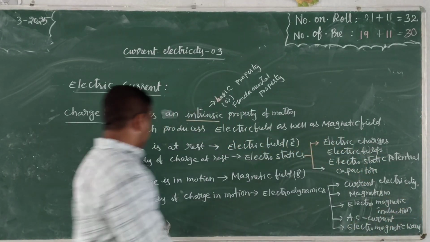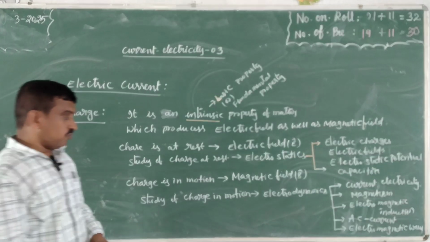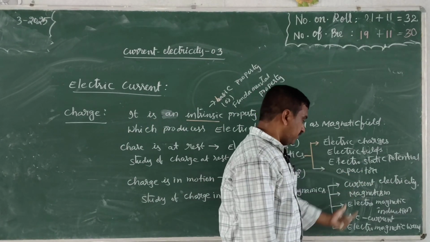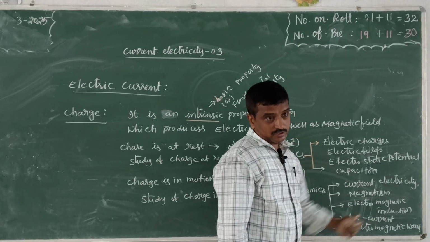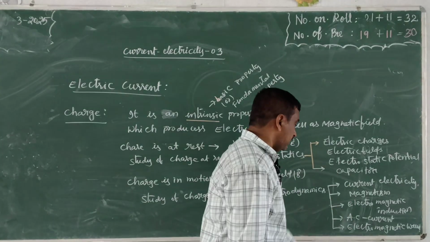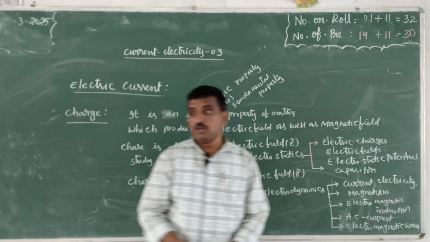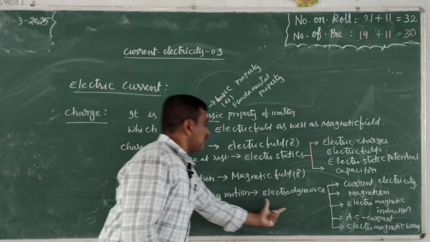This all we discuss in the study of charge in motion, which we call electrodynamics. In electrodynamics: current electricity, moving charges and magnetism, magnetism and matter, electromagnetic induction, AC current, electromagnetic waves. This is all discussed in electrodynamics.